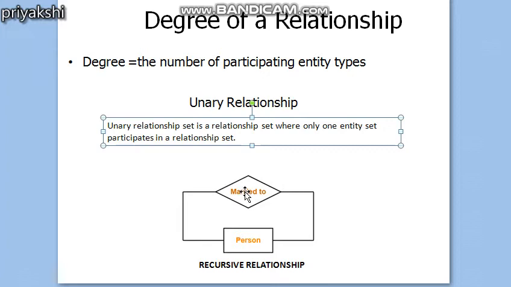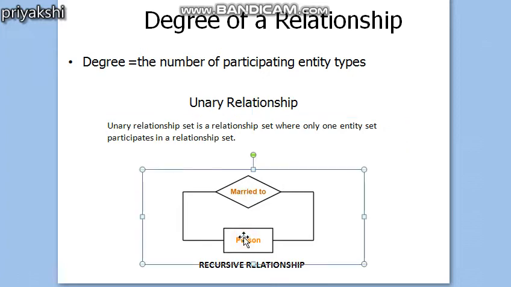In another way, if you see, this particular entity person is participating twice in the relationship married to. How? The bride is participating in the relationship, and the groom is also participating in the relationship, but both are from the entity set person.